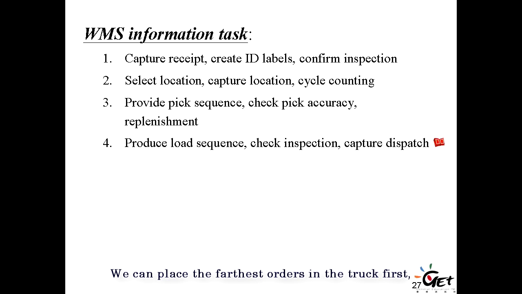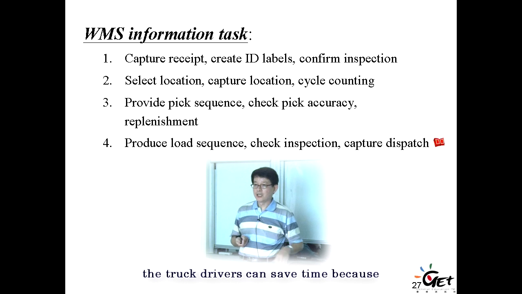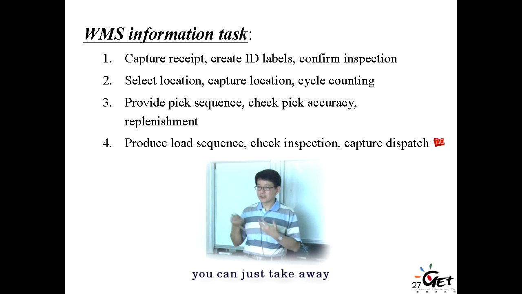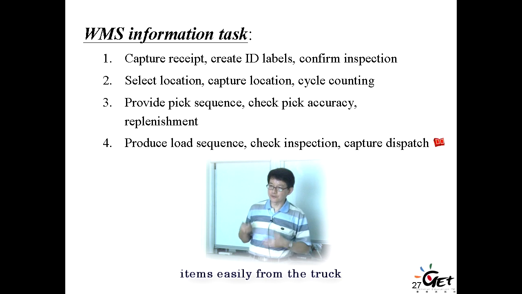We can place the farthest areas' items in the truck first, and then the nearest retailer's items last, right? So that when the trucks go to those retailers, the truck drivers can save time, because each time when the driver arrives at a store, he can easily take the items out of the truck.